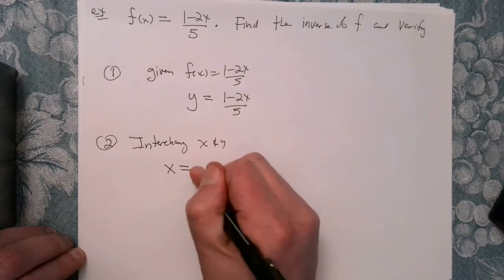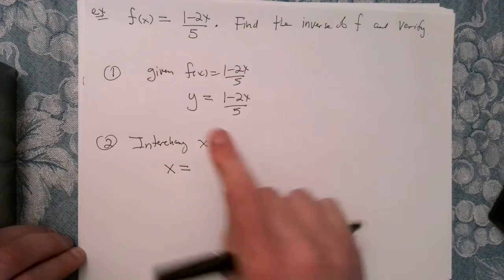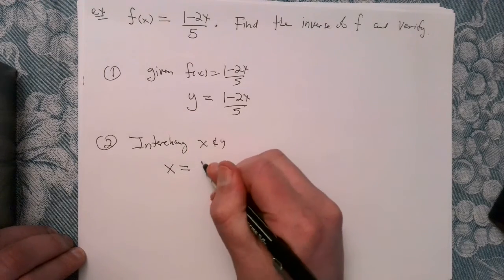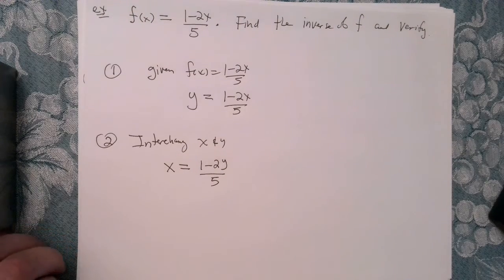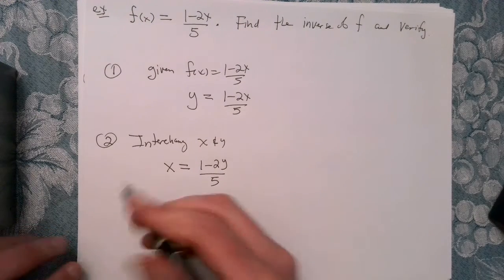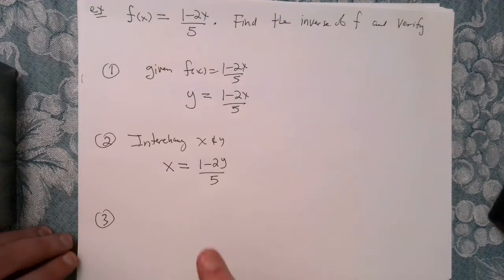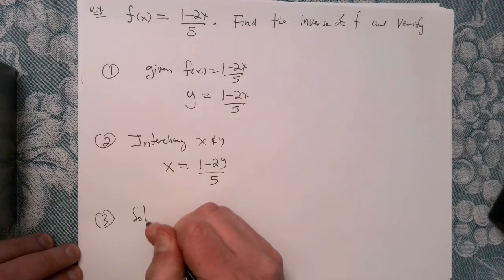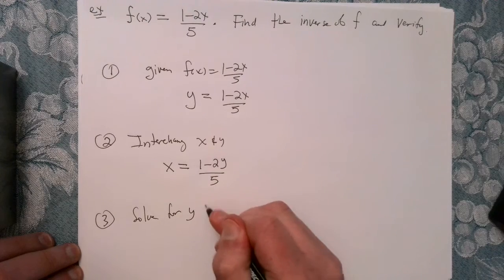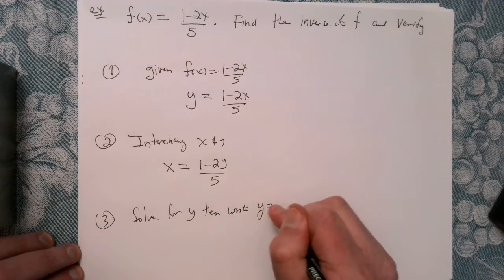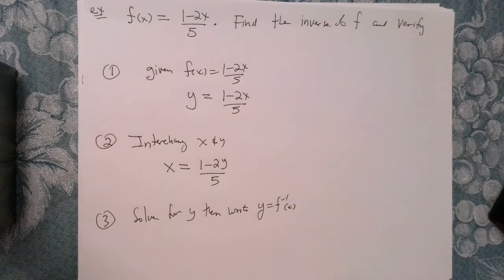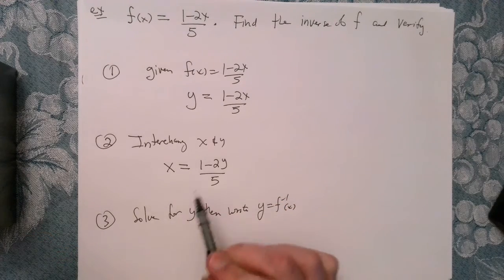Again, that's because of the reflection through y equals x that occurs with inverses. And then step 3, we want to solve algebraically for y. Then write the inverse.